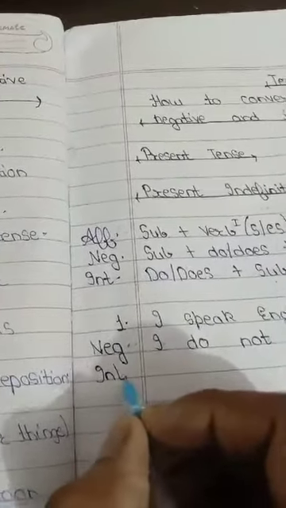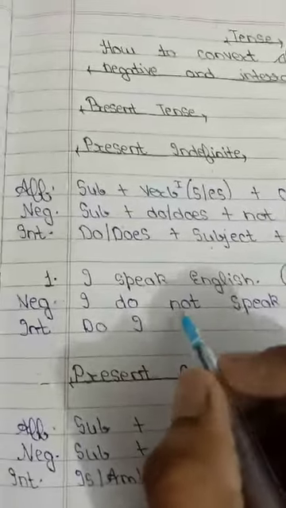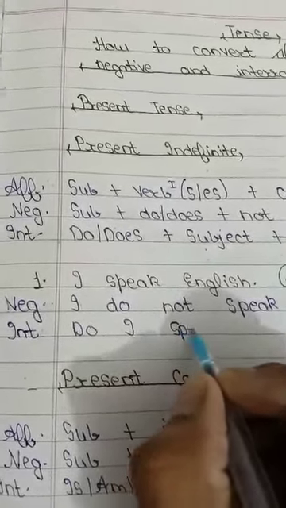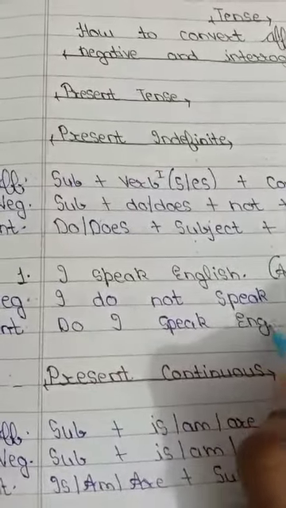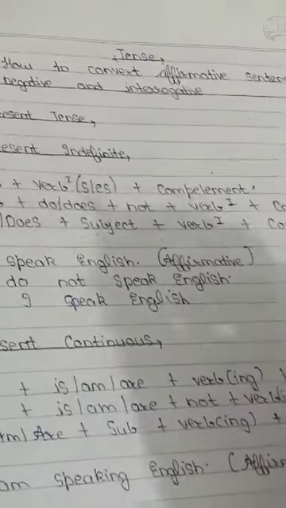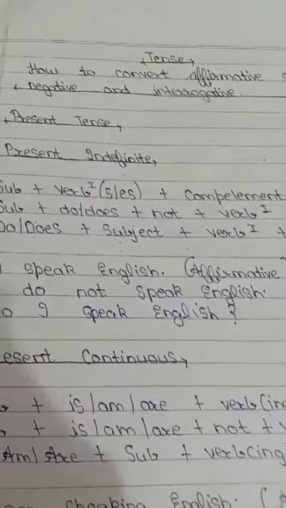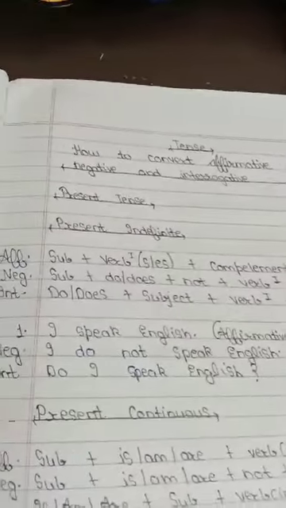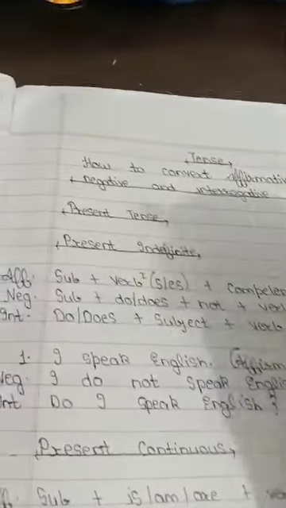So here interrogative: Do I speak English? We mark a question mark in a question sentence. So this is how to convert an affirmative sentence into negative and interrogative in present indefinite.